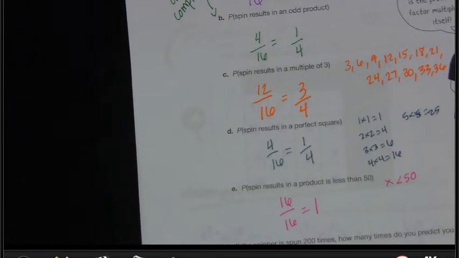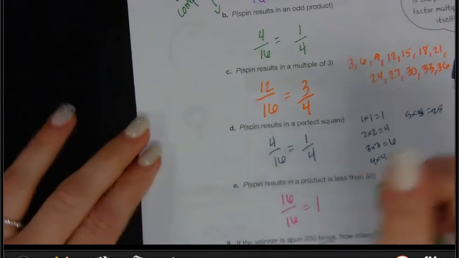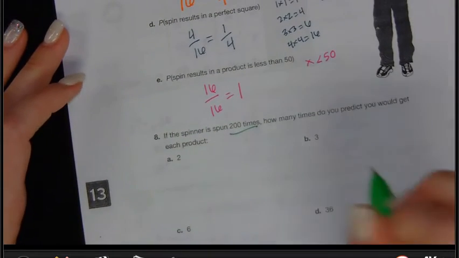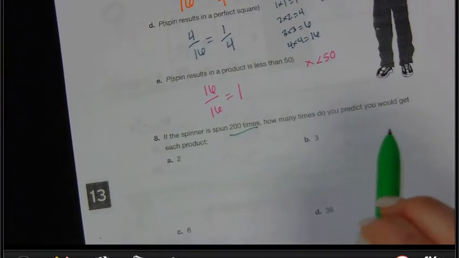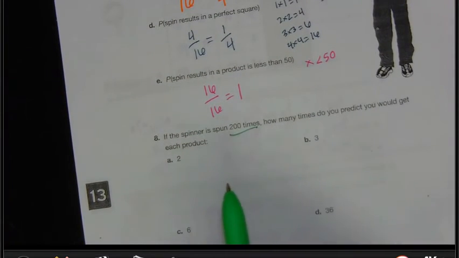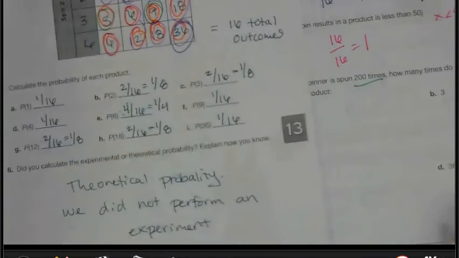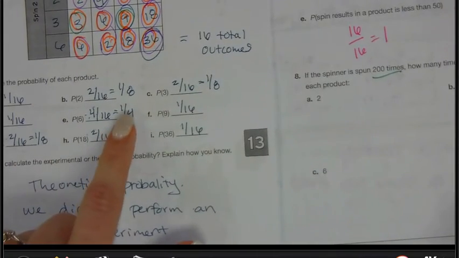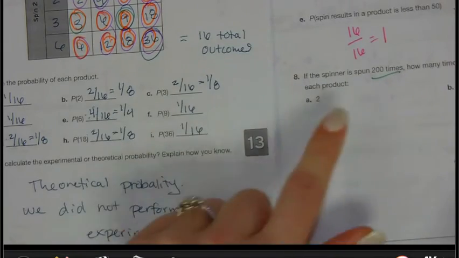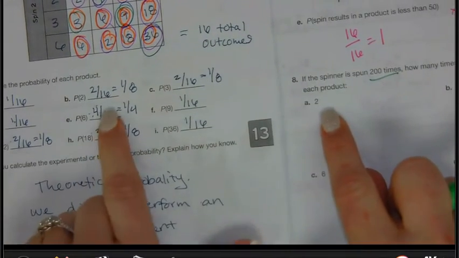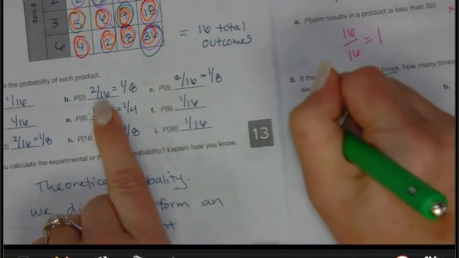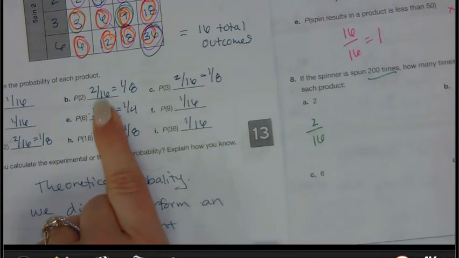Number 8 is asking, if the spinner is spun 200 times, how many times do you predict that you would get each product? All right, so I'm going to show this back up here. We are going to use each of these probabilities to help us answer. So the product of 2, I rolled that 2 out of 16 times.